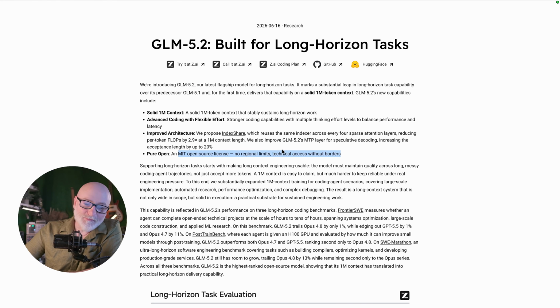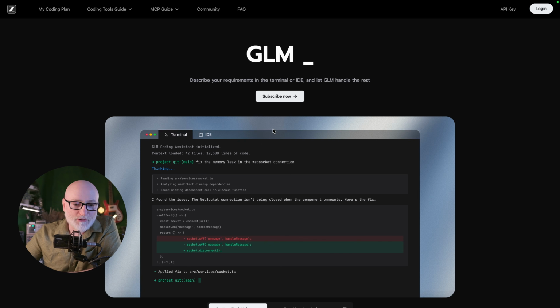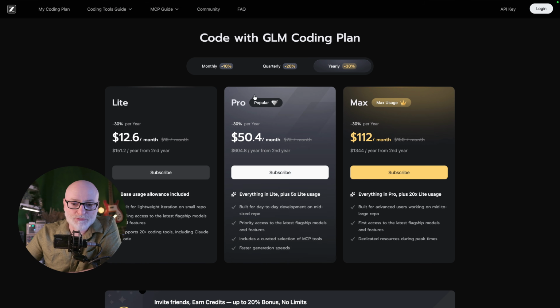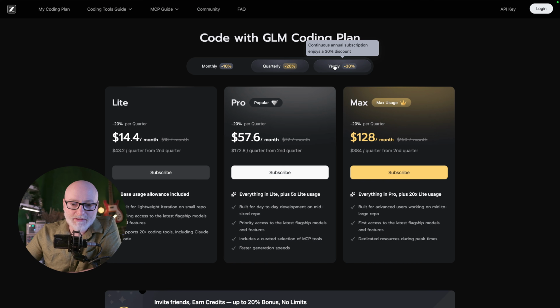Now, of course, we need to test it because we can't trust what a benchmark is saying, but to test it, there are a couple of things. One, ZAI has a coding plan, so you can go here and subscribe if you want to. Here they are priced monthly, quarterly, and yearly.